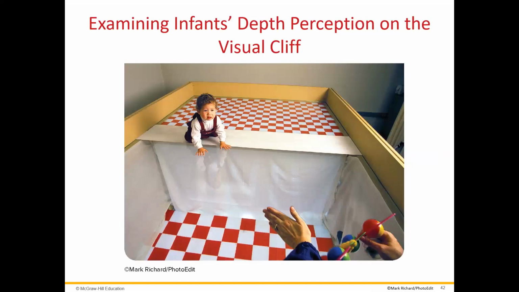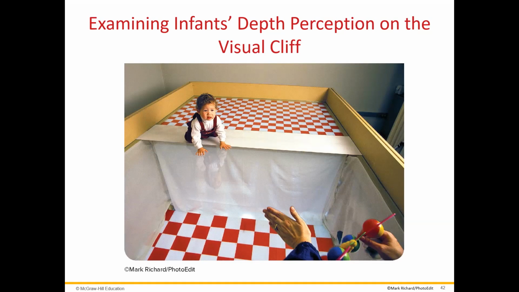This is what I want to show you. This is how they study depth perception. They use what's called the visual cliff, and you can see they have a setup here with this plexiglass covering.